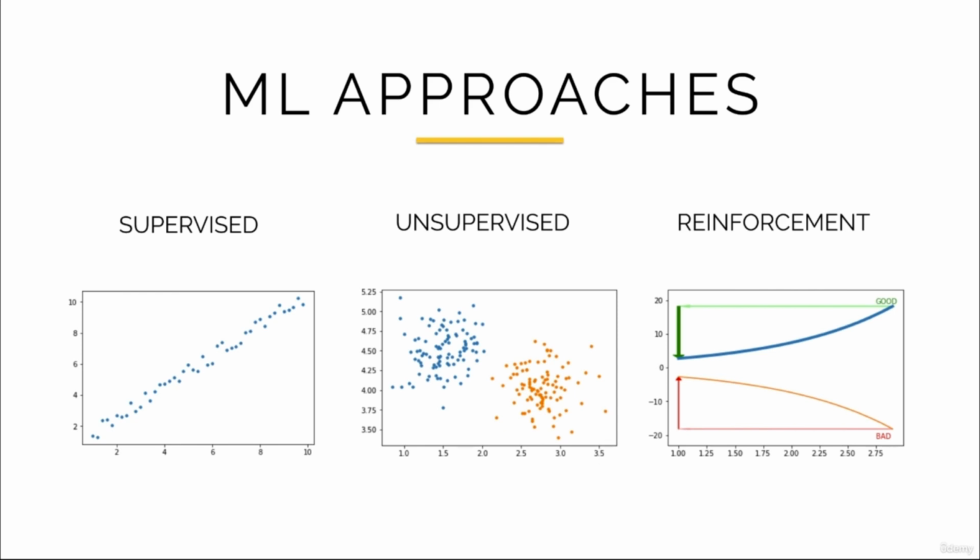Now, the other type of approach that you can take is unsupervised, where there aren't actually any correct answers, or you don't have specific answers. And so the goal of your algorithm here is to try to find patterns itself.